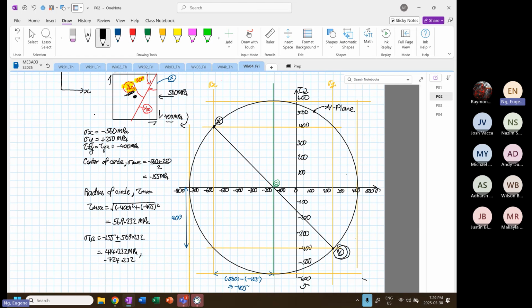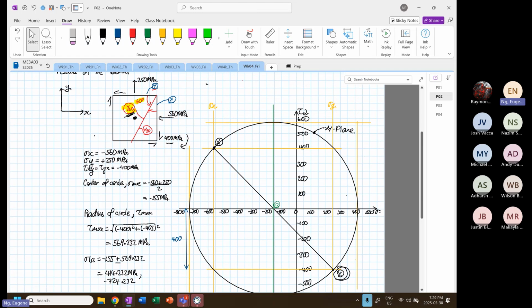Yeah, it's from point Y. So Y60, in anti-clockwise, we have to rotate 120 degrees. So I'm going to use my protractor and rotate this by 120 degrees. So this is where 120 degrees is.